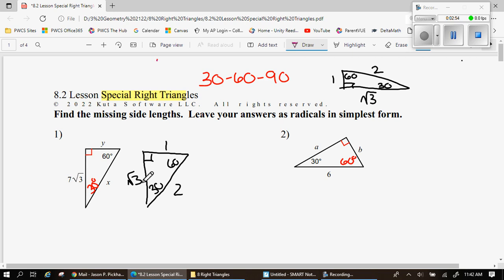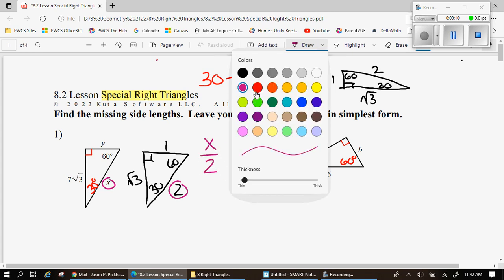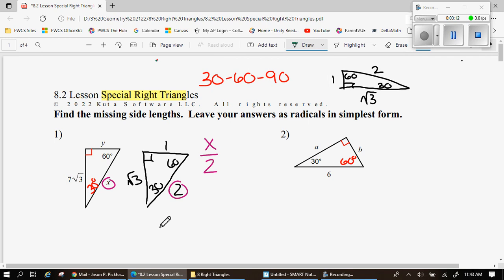So let's first solve for x. I want to figure out how long this side that's x is. If I look at the two triangles, that side is related to this side, that's 2. So I'm going to write a fraction, x over 2. Then I know how long this side is. I don't want to use y because I don't want to have two variables in my proportion.